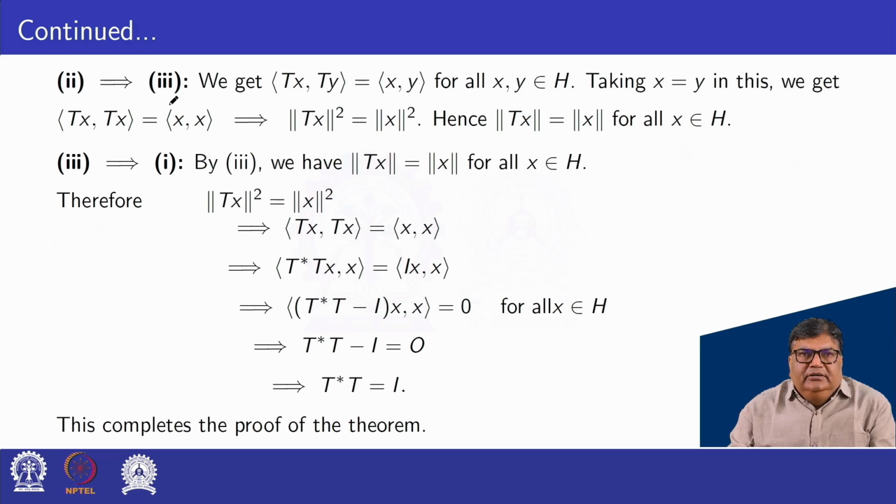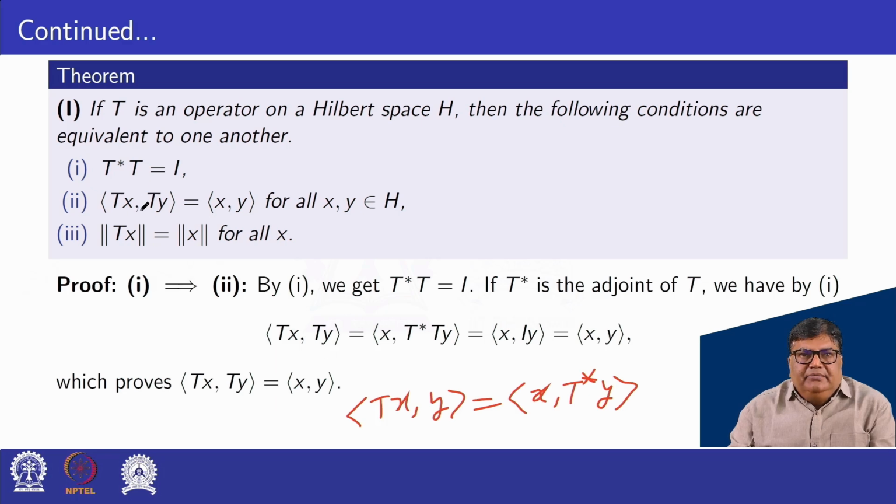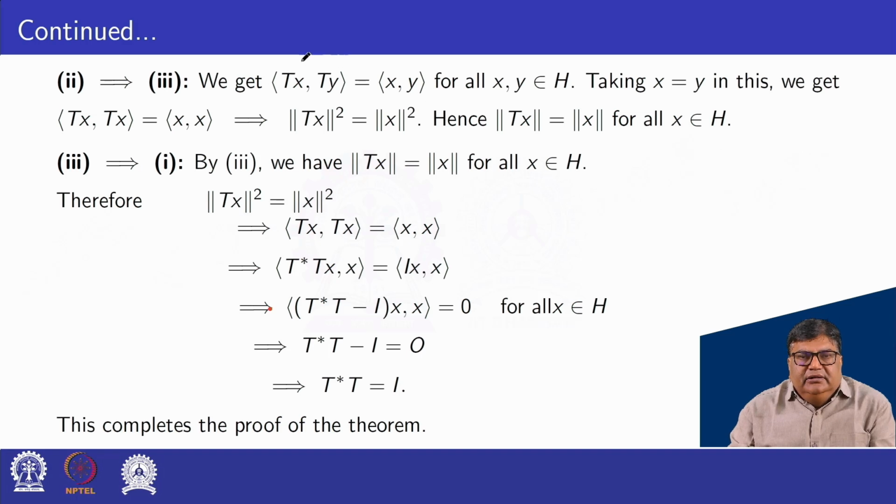Second to third. In the second, we are given the inner product of Tx, Ty equals the inner product of x, y. So we have to prove that the norm of Tx is equal to the norm of x. If we take y equal to x, then this can be written as the inner product of Tx, Tx equals the inner product of x, x. And we also know that the inner product of x, x is norm x square.